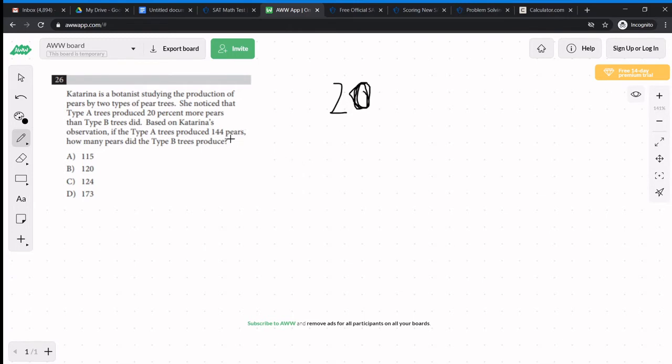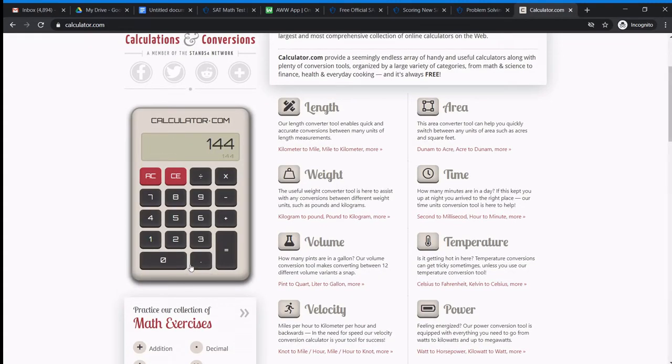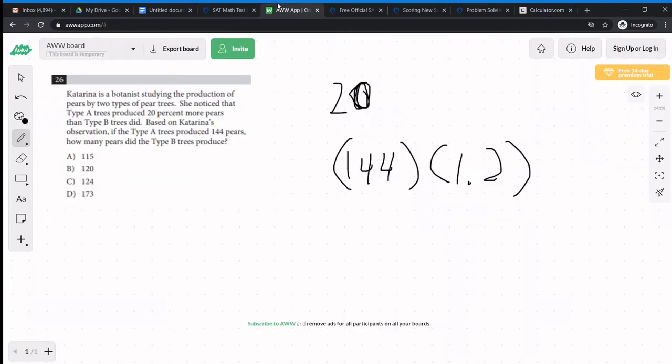That means that we're going to get whatever value this is and multiply it by, pretty simple, 1.2. Remember, you're always going to have calculators for this portion, so you don't have to worry too much about it. $172.8.